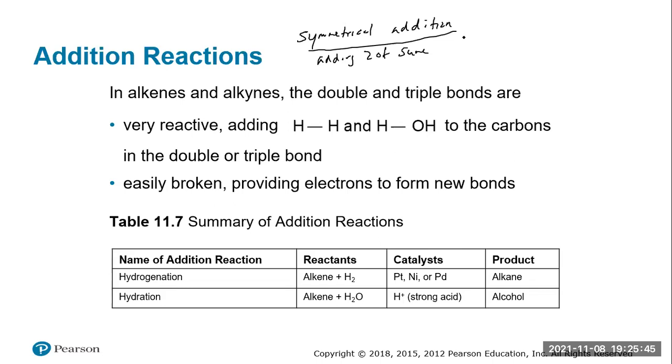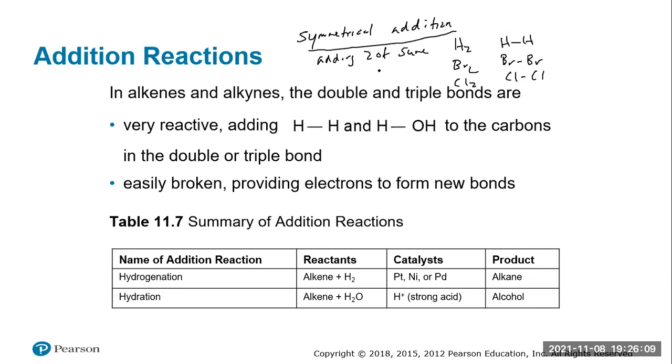So for example, H2, which basically means you're adding 2 H's. Br2 means you're adding 2 Brs. Cl2 means you're adding 2 Cls. These are symmetrical additions, which means essentially you can't mess it up because each carbon gets the same element. So those are pretty easy.